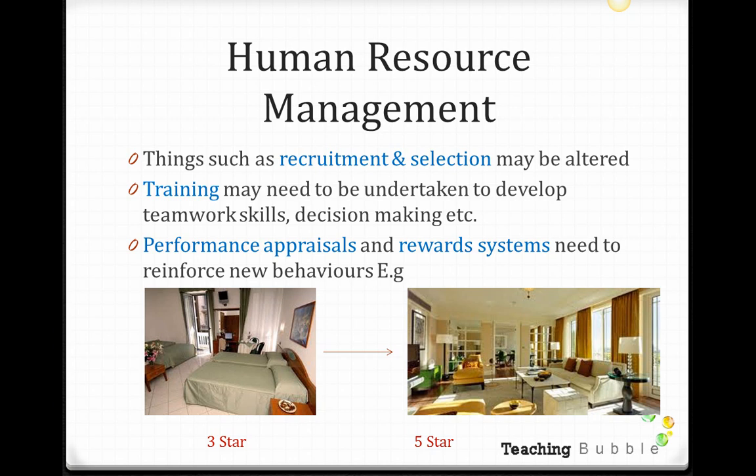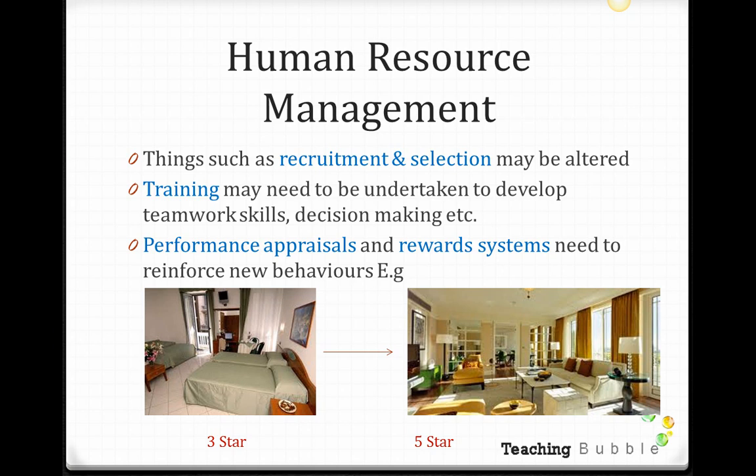And as a result, because of the higher expectations in a 5-star compared to a 3-star, your performance appraisals and your reward systems, all that's going to change. That's just one example, but wherever the change is going to happen, whatever the change is and however it's going to impact an organisation, it's going to impact your human resources. Because things are changing, the type of people you need may change.